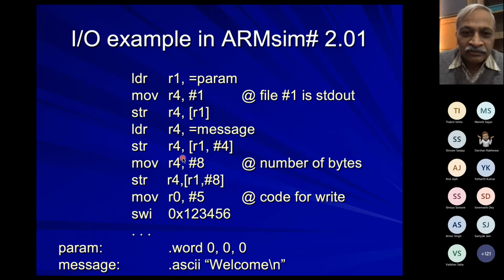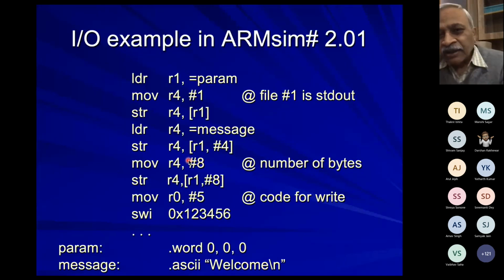Okay, what you will notice here is that we are storing something at the address given by R1, then something at address R1 plus 4, and then something at address R1 plus 8. So three locations which were initialized to 0 are being filled up here.